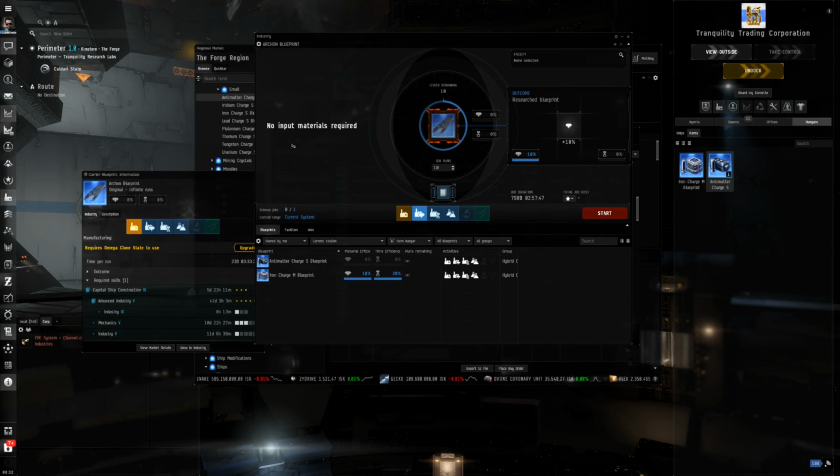So researching and selling blueprints is better done by omega clones, but your alphas can support your omegas, of course, in this routine.